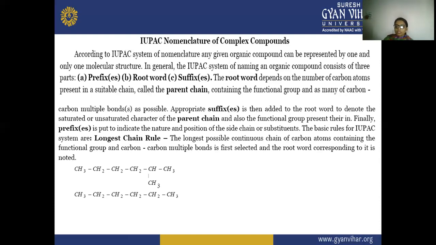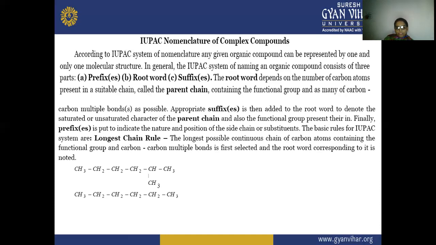Longest chain rule means we first have to find which continuous longest chain of carbon atoms is present, what type of functional group it has, and what type of multiple bonds it has. The functional group as well as the carbon-carbon multiple bonds are selected, and the root word corresponding to it is noted.